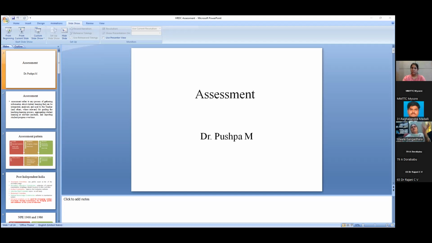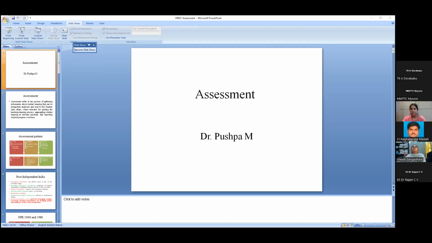And whatever the points discussed here were presented in this slide. That is what I told. It is a 360-degree multi-dimensional report card, and it should include cognitive, affective, and psychomotor domains. And then this assessment is done by parents. What I told, there is a link between the home and the school, and peer assessment is also there, assessment by teacher is also there.